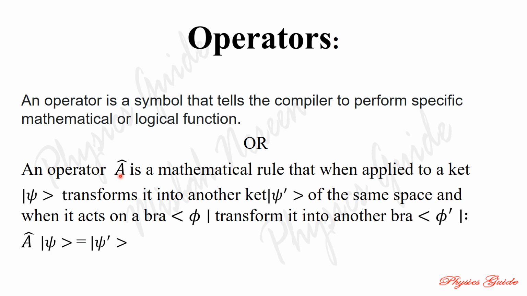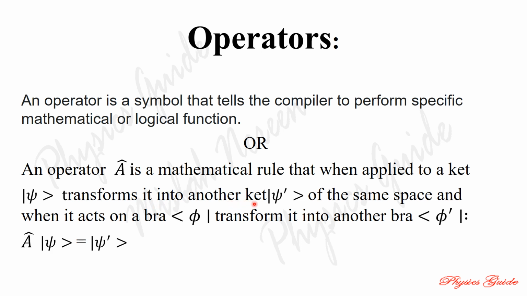If we put a cap on the letters A, B, C and so on, this represents an operator. An operator A is a mathematical rule that, when applied to a ket vector, or simply the state vector psi, transforms it into another ket.